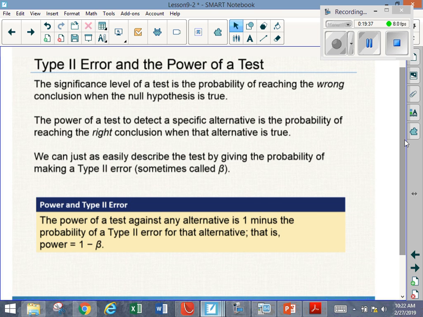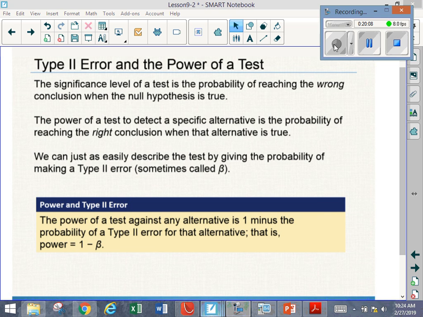So we can look at the probability of making a type 2 error. We're going to call that beta. And in order to calculate our power, we'll just go 1 minus beta. We'll do some examples of that so that it'll be a little more concrete.